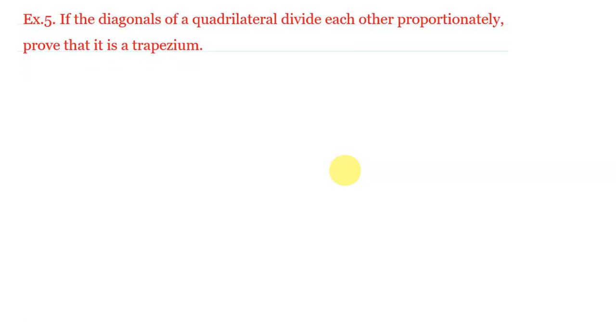First question: if the diagonals of a quadrilateral divide each other proportionately, then prove that it is a trapezium. Okay, next, this is the figure. ABCD is a trapezium.